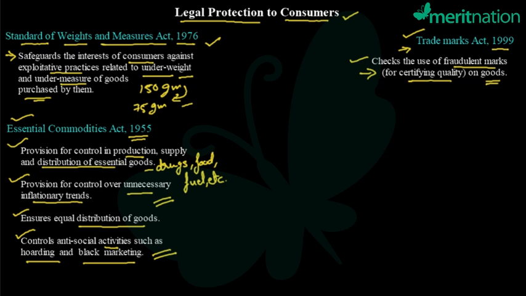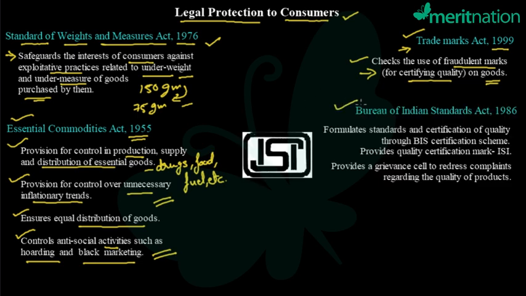Now let's move on to the next act, which is Bureau of Indian Standards Act 1986. Under this act, the Bureau of Indian Standards has been set up, and this bureau formulates standards for the quality of goods and provides certification of quality through BIS certification scheme. Under this scheme, the bureau provides a quality certification mark, that is ISI mark.